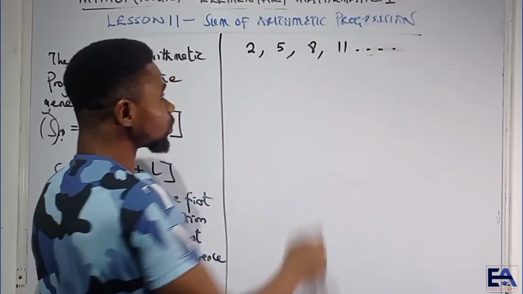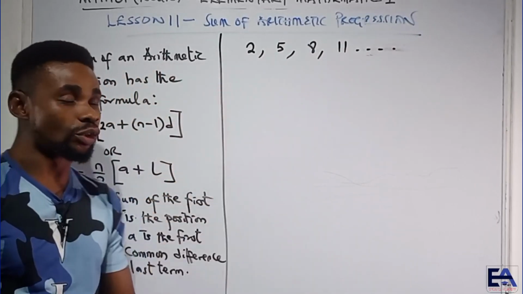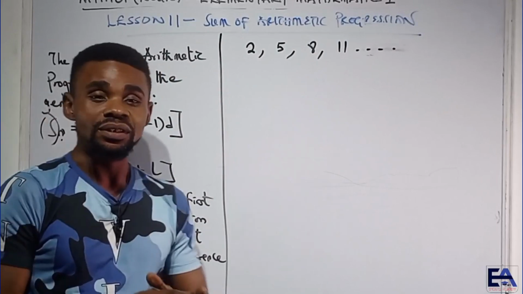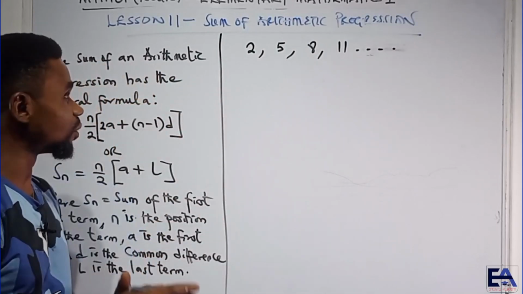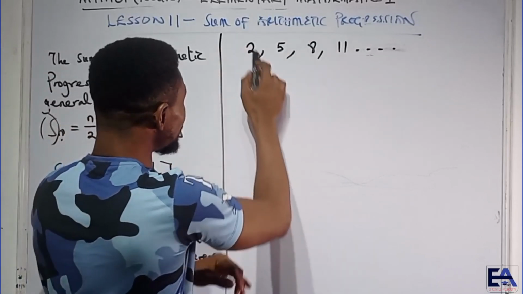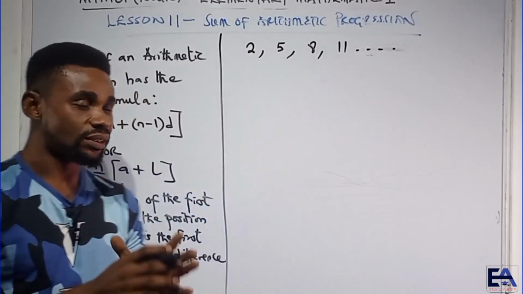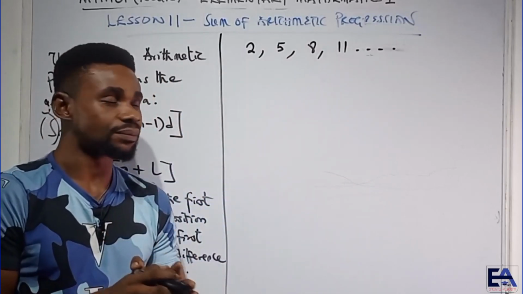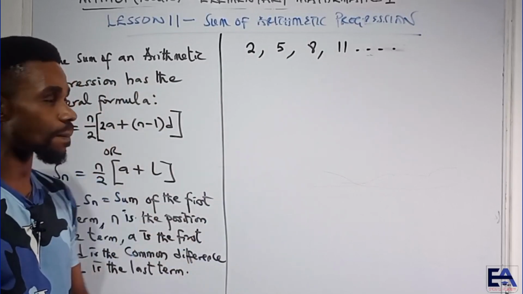If you add 11 to 8, ideally it's going to give you 19. 19 plus 5 gives you 24, and then 24 plus 2 gives you 26. So if we add up these first 4 terms, we get 26. Now let's see whether we get the same result using the formula.